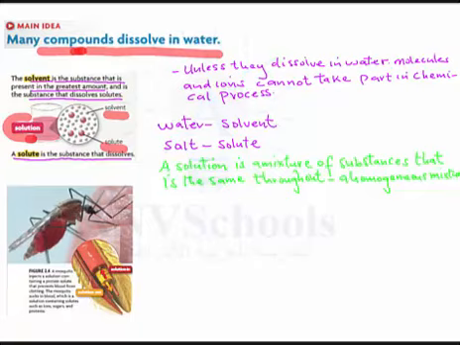A solution has two parts, as we saw. It has the solvent, which is the substance that is present in greater amount and dissolves the other substance, and a solute, which is a substance that dissolves in a solvent.